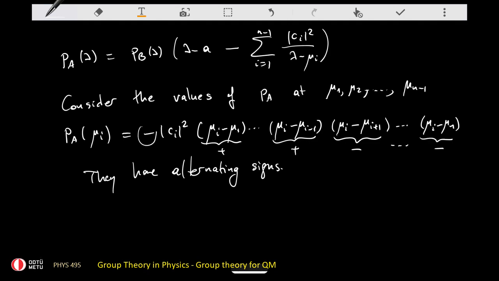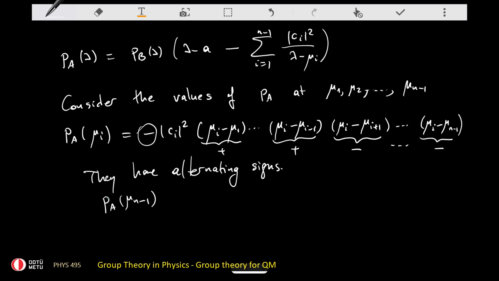There's also a minus sign in front. So from here you can see that these numbers are alternating in sign. So I'm going to start with mu n minus 1. This is the largest argument. Probably I made a mistake in here, so that should be mu n minus 1. Sorry.